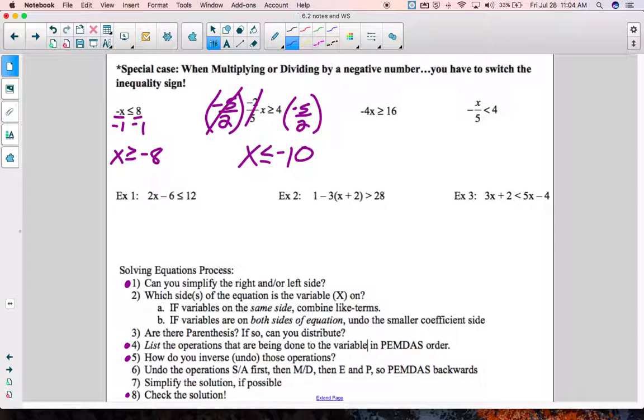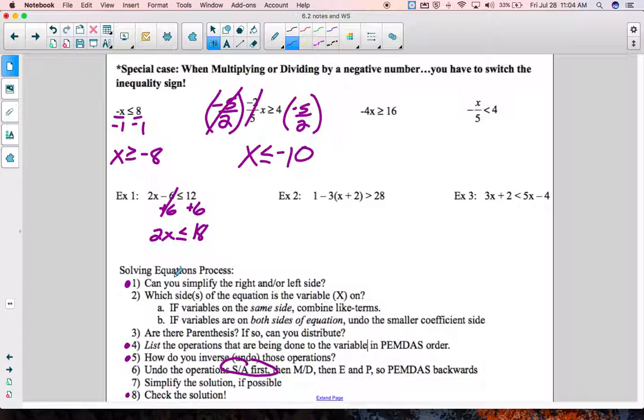X is on the left. Now what's being done to it? It's being subtracted by 6 and multiplied by 2. Remember, we have to undo subtraction and addition first. So I have to undo subtracting 6 by adding 6. So we get 2x is less than or equal to 18.